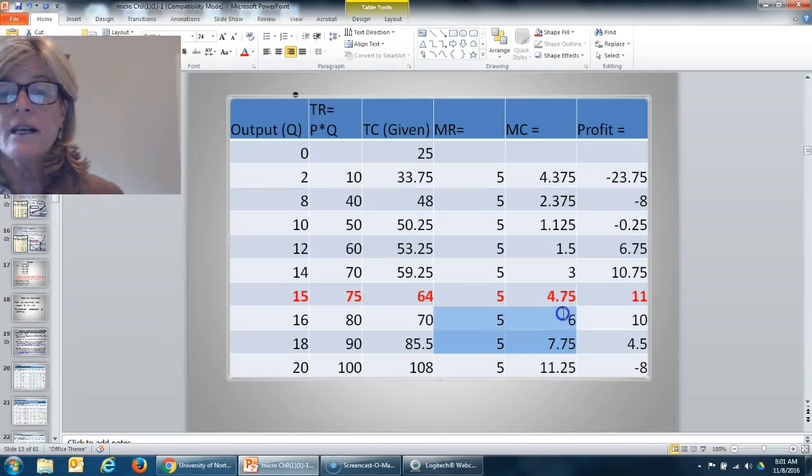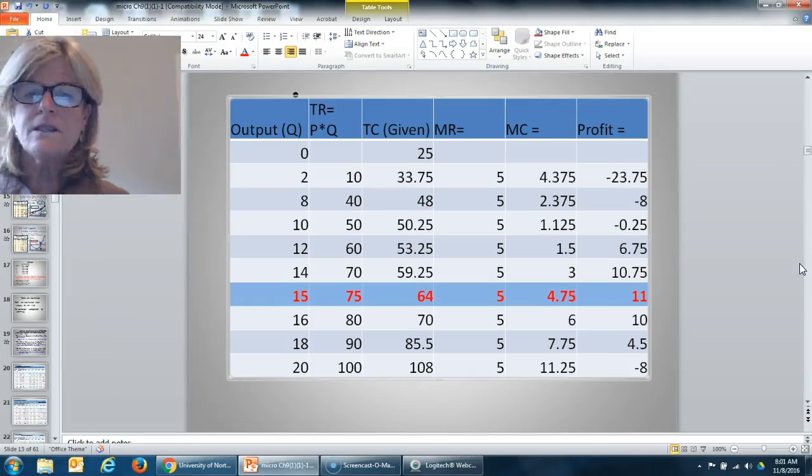You've gone too far. You got to back up. This is Q star. Does everybody see how Q star is where marginal revenue is equal to marginal cost or as close as possible? Marginal revenue is as close to marginal cost but not greater. All right, so this is going to be Q star.